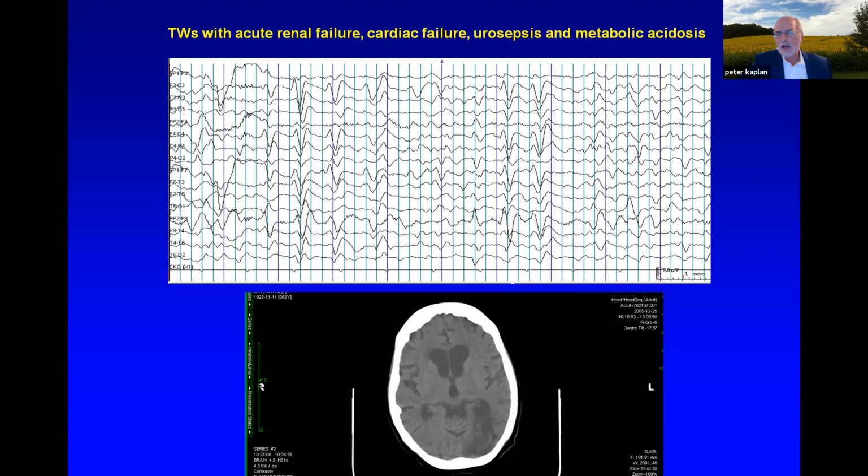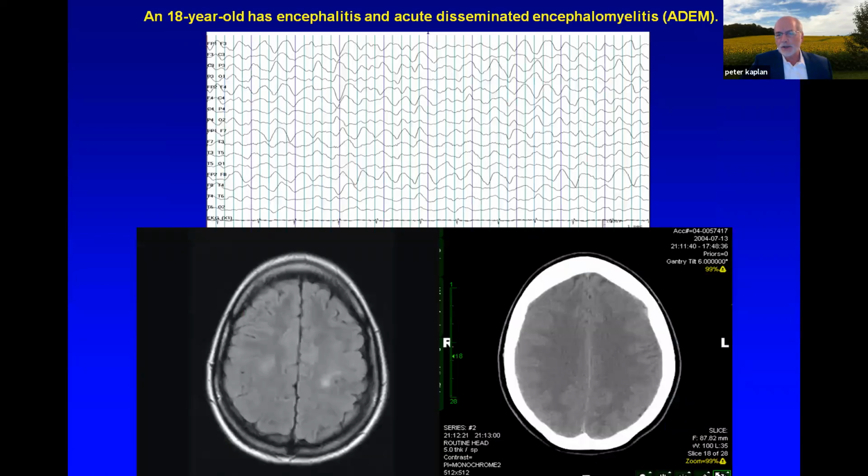And our understanding now is how these are generated, and I'll show you how these triphasic waves, which were typical of metabolic encephalopathies and carry a prognosis of 20% mortality overall, are generated. Here you have polymorphic delta, and this is raised intracranial pressure and is producing global brain compromise.